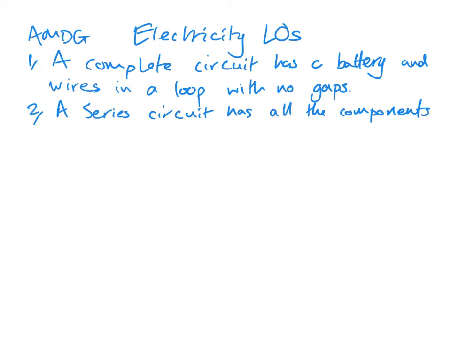A battery is a component, a lamp is a component, a switch is a component. And a series circuit is all the components one after the other. Just like a TV series, there's a particular order. You're meant to watch episode 1 before 2, before 3, etc.